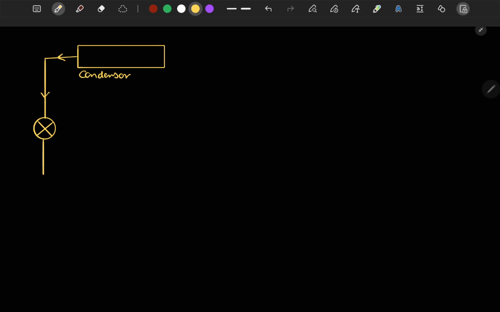This is our throttling device, or we can also call it an expansion valve. Okay, now it is connected to our evaporator. Connected.